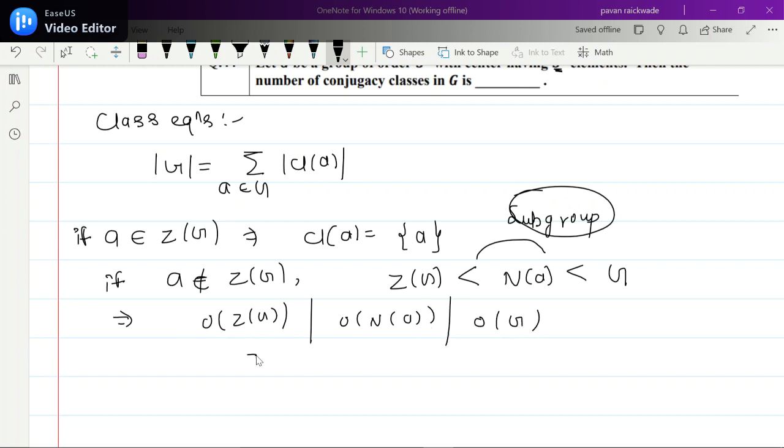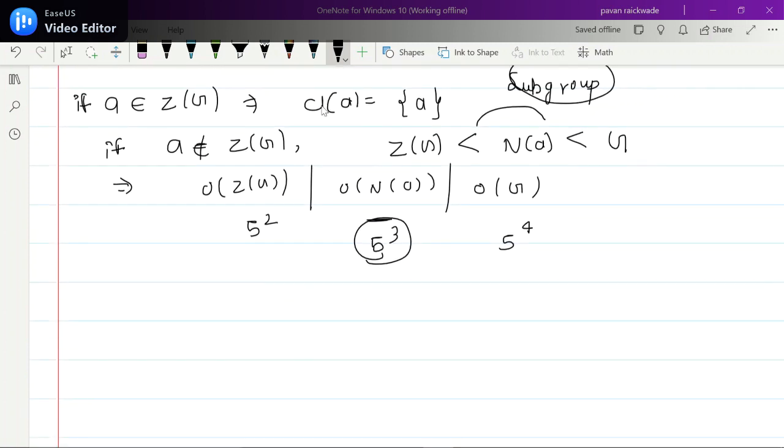But what does this imply? Order of Z(G) will divide order of the normalizer of A, which in turn divides the order of the group. So we know this is 5 squared and this is 5 raised to 4. So the only possible choice here is 5 cubed. So every element which is not in the center has a normalizer of order 5 cubed.